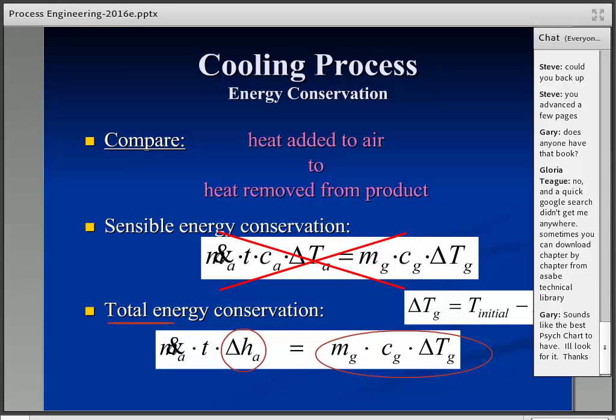The latent heating effect is in the air. The temperature change of the grain is a sensible process, so you don't account for the humidity a second time over in the grain. It's accounted for here in the air. And again, this term is just M dot A, the mass flow rate of air. And again, it looks just like the moisture balance that we spent time on, but it's energy in this case.